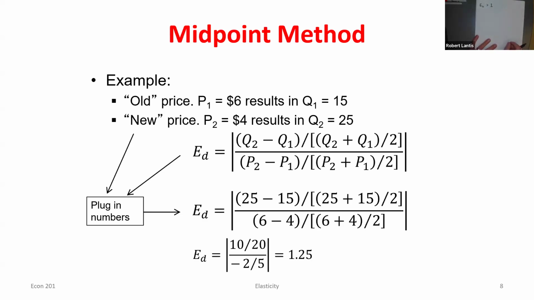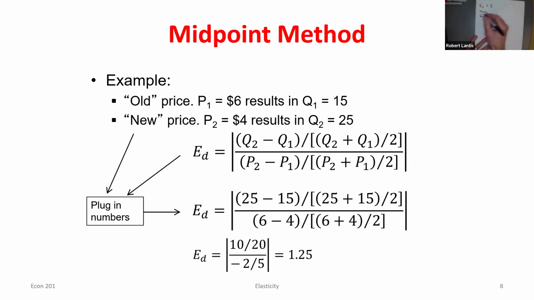What does that inherently tell us? When we had 1.25, what does that mean? Well, I can think of this as the percentage change in the quantity demanded over my percentage change in price, just putting in how we calculate price elasticity of demand.